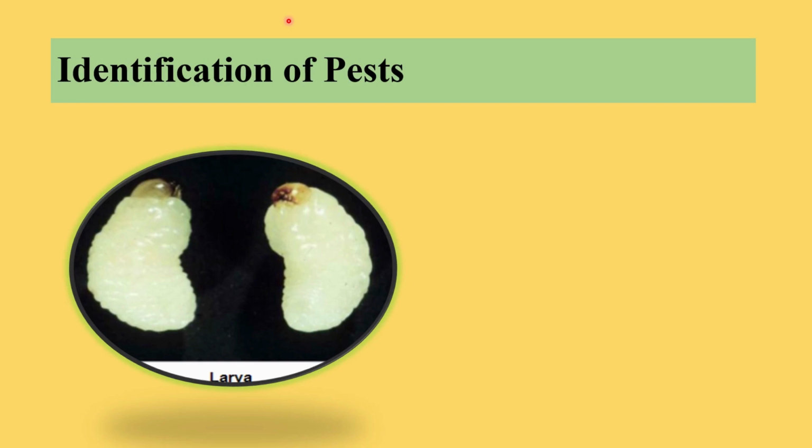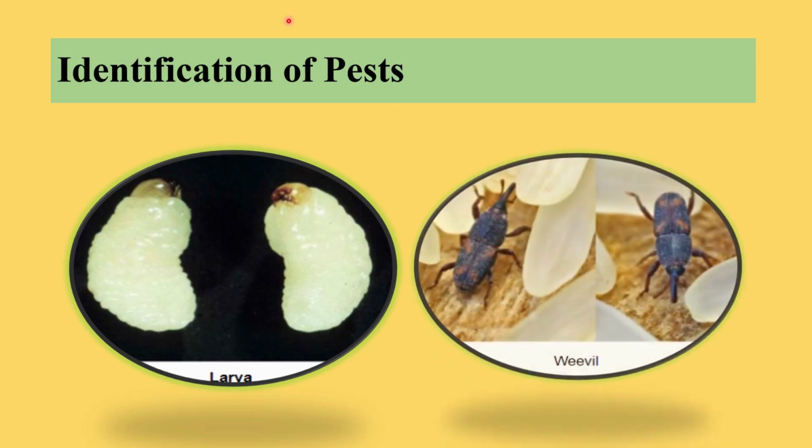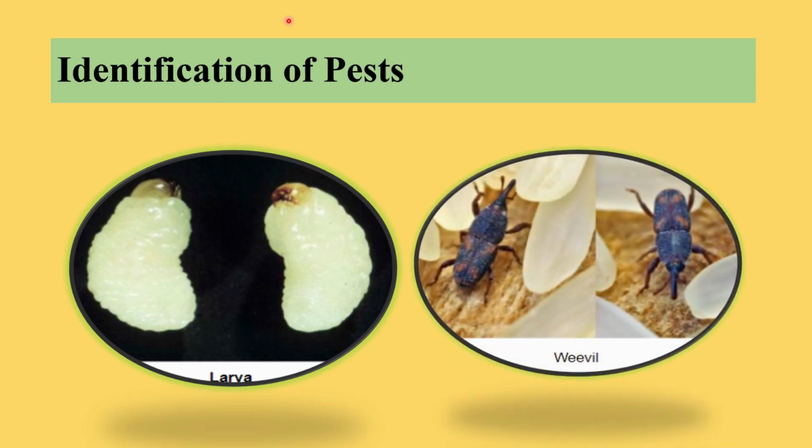The adult is a reddish brown to chocolate colored weevil with a characteristic snout. The elytra have four yellow colored spots. Here you can observe the four yellow spots present on the elytra. These are the identification symptoms of the rice weevil.